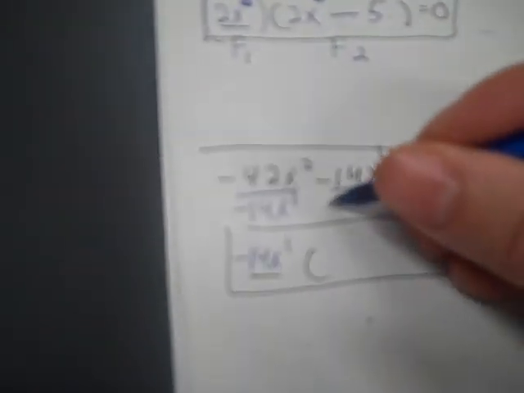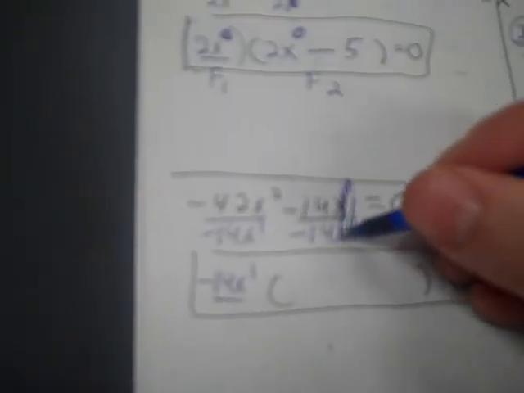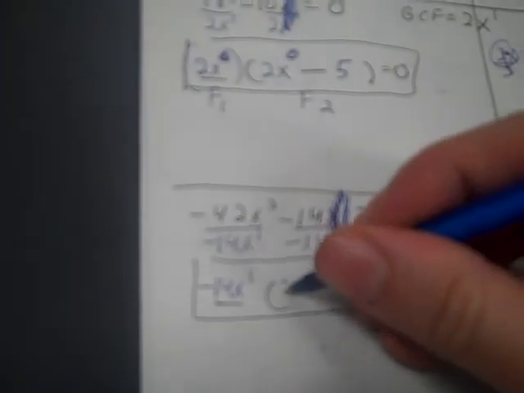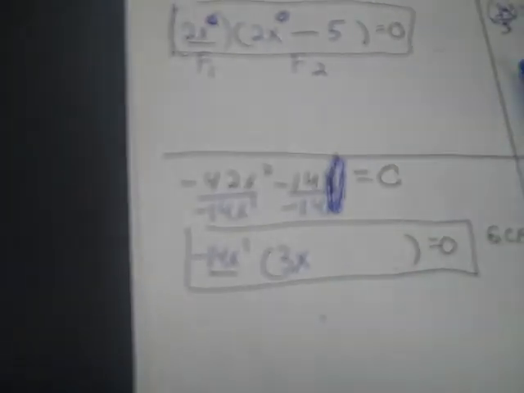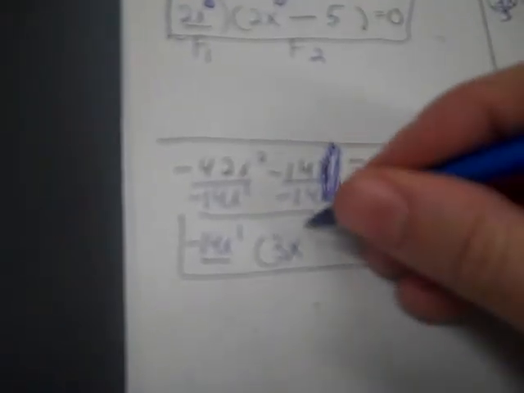X to the 1 will always be able to be crossed out. So negative 42 divided by negative 14 is 3. Then on x, we take 2 minus 1 is 1. Then negative 14 divided by negative 14 is 1. So that's positive 1, so it's plus 1.